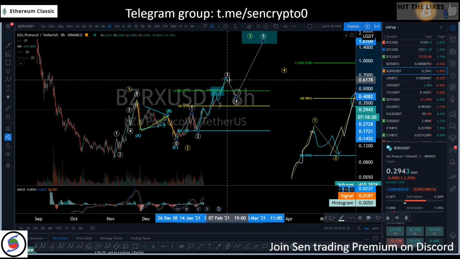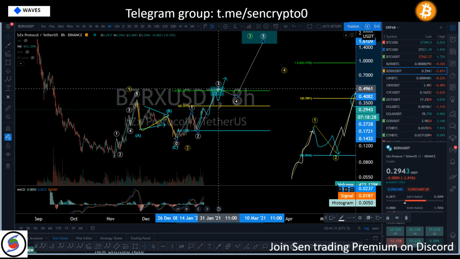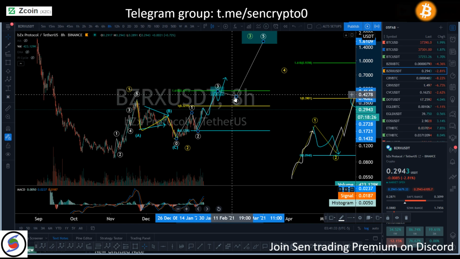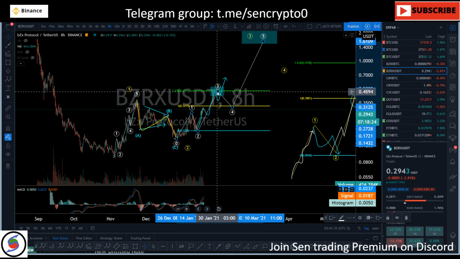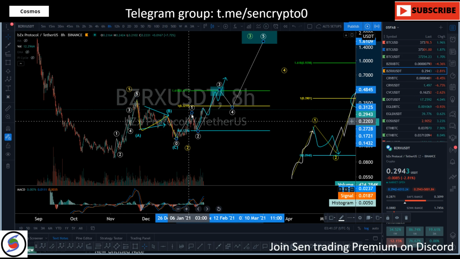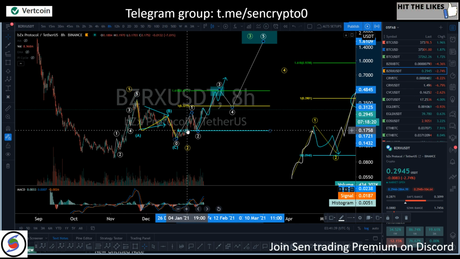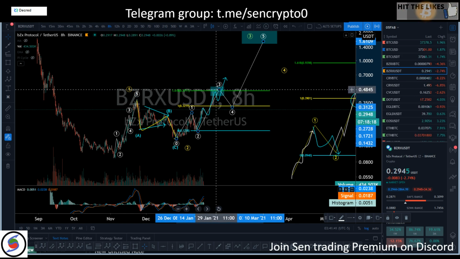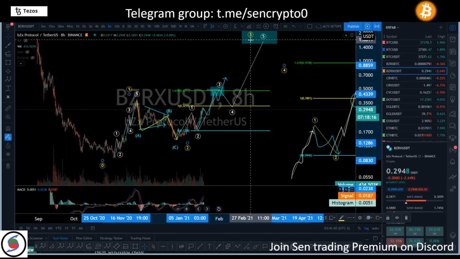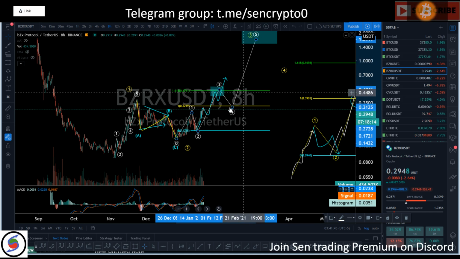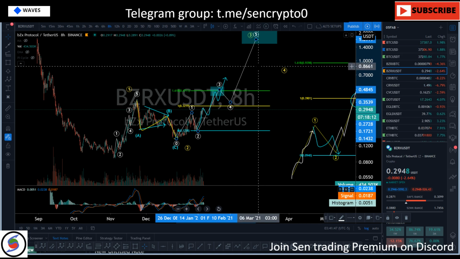That's the 1.618 extension of wave 1, just about 40 cents, and we're going to be looking for another potential very, very elongated wave number 5, if that's the case.